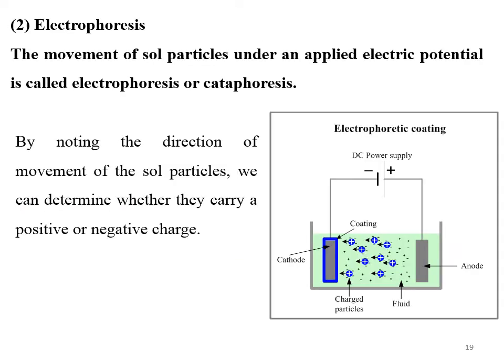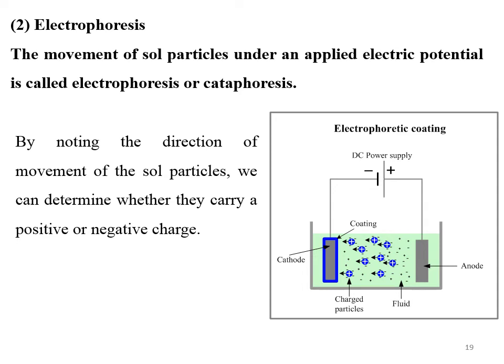The next electrical property of the sol is electrophoresis. In case of sols, if electric potential is applied across two platinum electrodes dipping in a hydrophilic sol as shown in this diagram, the dispersed particles move toward one or the other electrode.